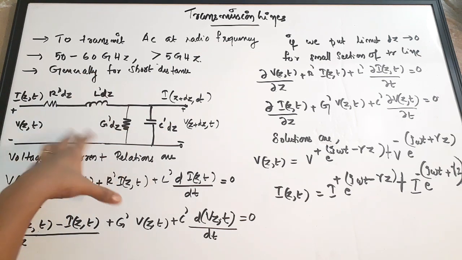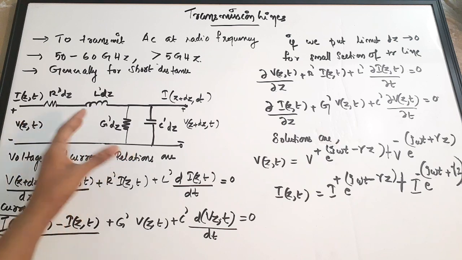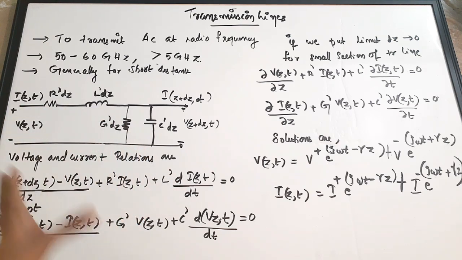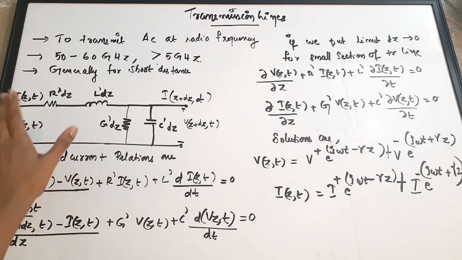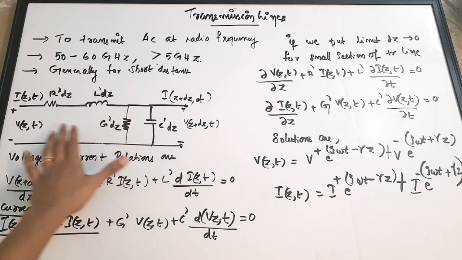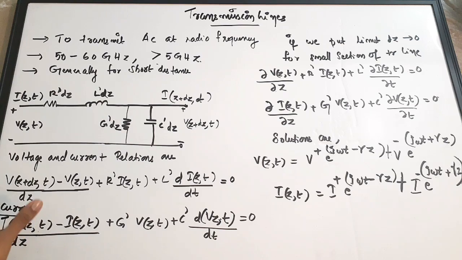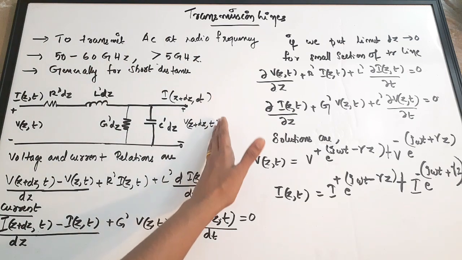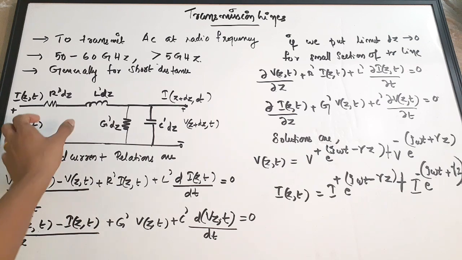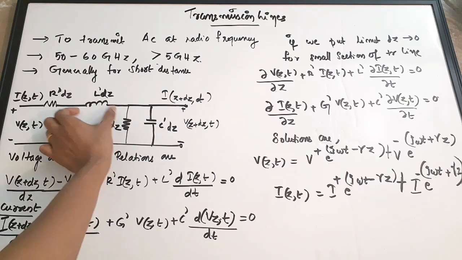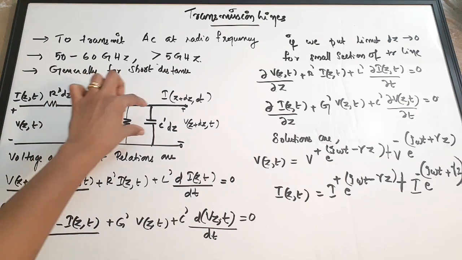And if you represent a transmission line as a connection of basic electronic components, in network form, you can represent it like this. It has a voltage and a current on one side and also on the other side. These are the two ends of the transmission line, and there is a resistive component, an inductive component, a conductance, and a capacitance.